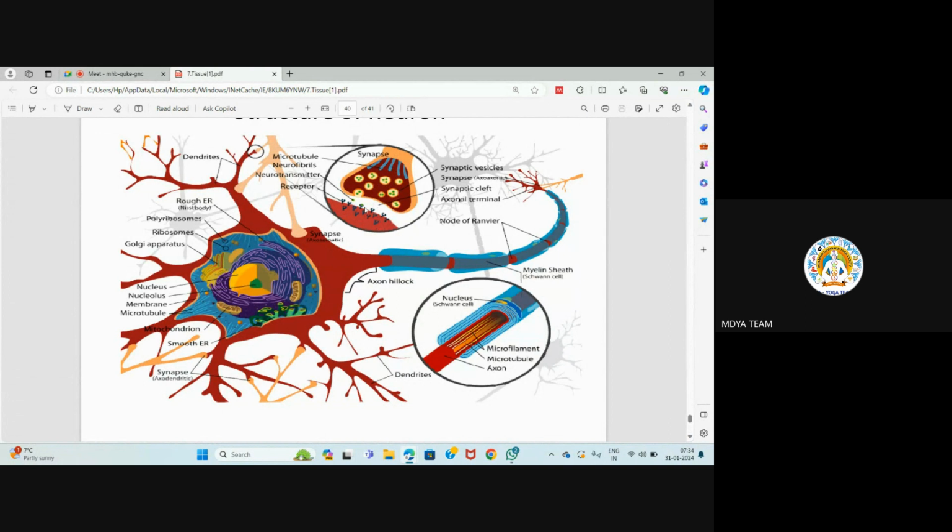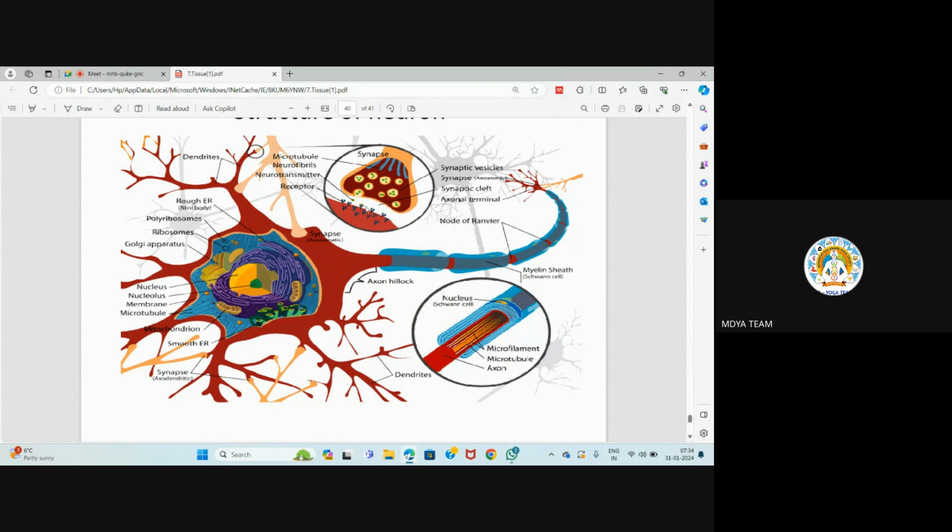So in this small gap, when the previous neuron is releasing the information through chemical messengers, this information is received by the current neuron. You can see blue colored receptors are present in this current neuron. These receptors receive the chemical form of information and they convey the information to the cell body, right?